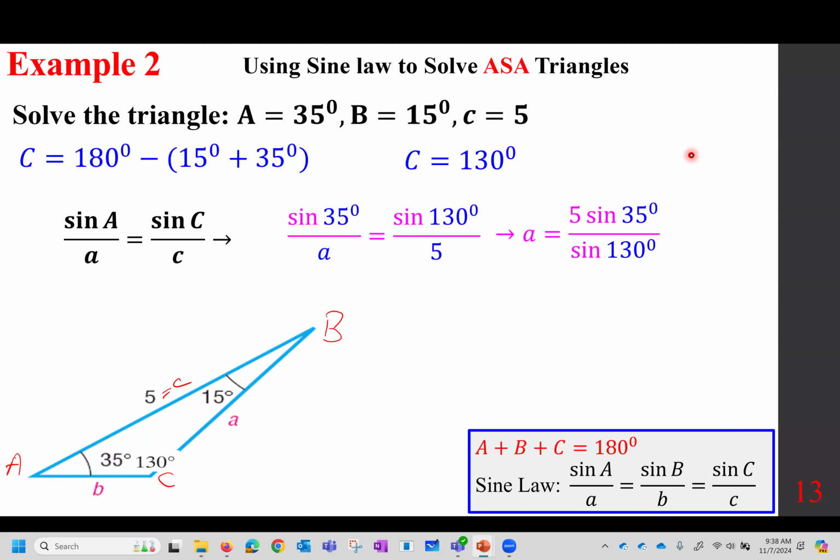Putting it into a calculator will result in 3.7. So we replace the A with 3.74.